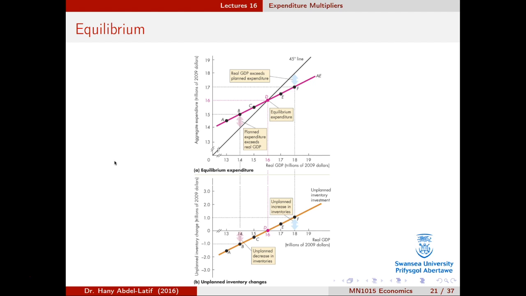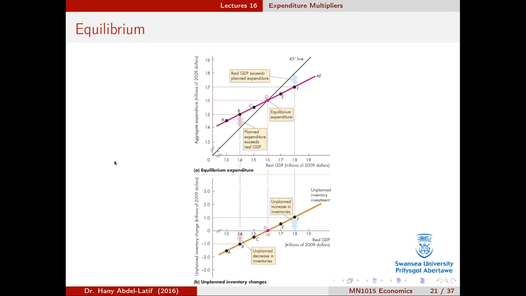So in that graph, this is when, again, aggregate expenditure is less than real GDP. And that is point E and F. So if you look at point E and F, this is the level of aggregate expenditure. Think of the black line as the level of real GDP.